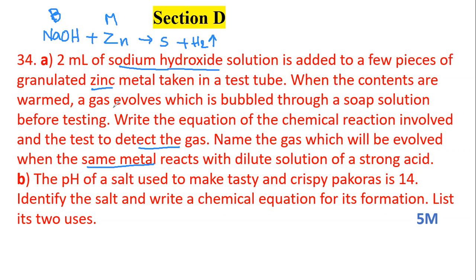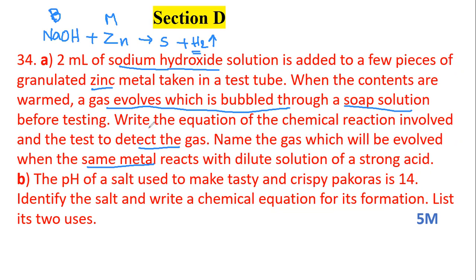Here, one point they have given: the gas evolved is bubbled through the soap solution. In that manner, we may test it. Through that soap solution, we have to pass the gas. Then we have to test whether the evolved gas is hydrogen or not.